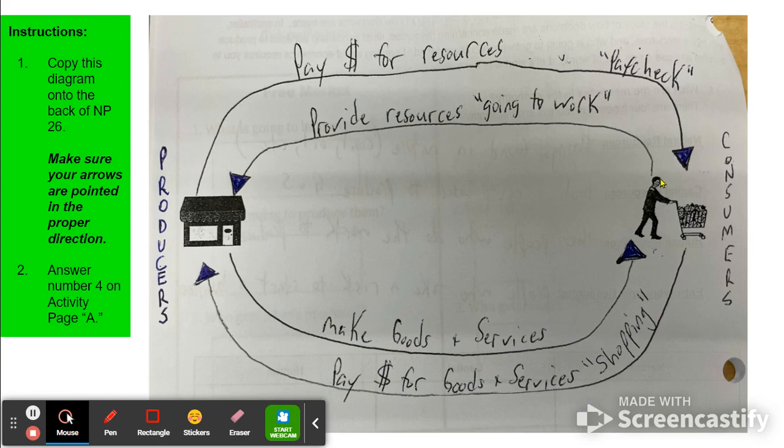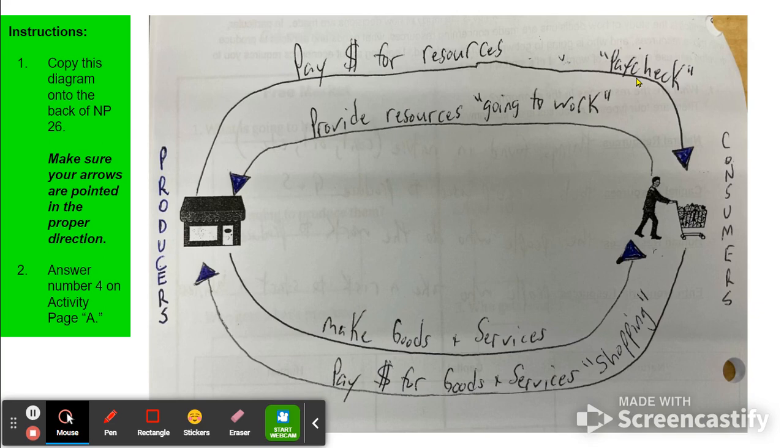The producers, they get the resources from you and I. We call this going to work. In exchange for us going to work as human resources, the companies have to pay us money. Your mom and dad call this their paycheck.